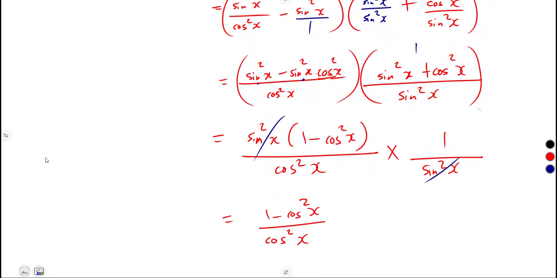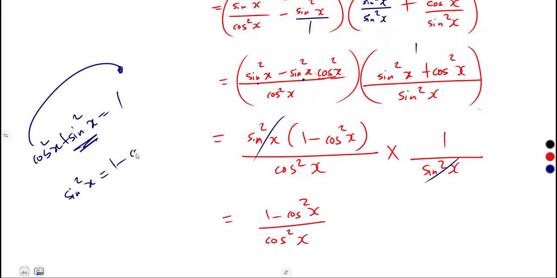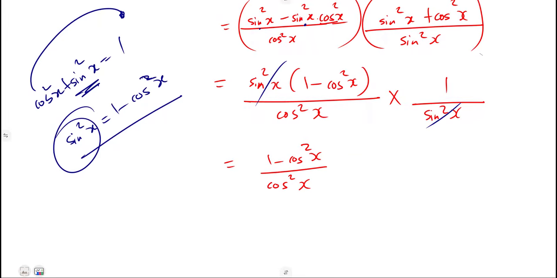Remember, from our Pythagorean identity, cos squared x plus the sine squared of x gives us a 1. 1 minus cos squared was simply obtained when we are having what? The sine squared of x. It is the one that is equivalent to 1 minus cos squared. So meaning to say, it is the same. From that, I can write it as a what?